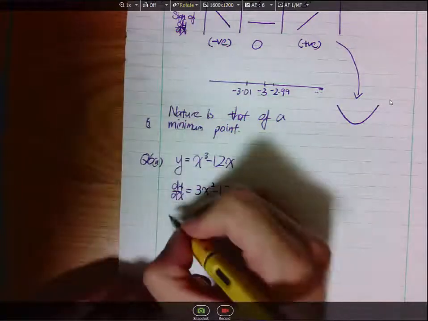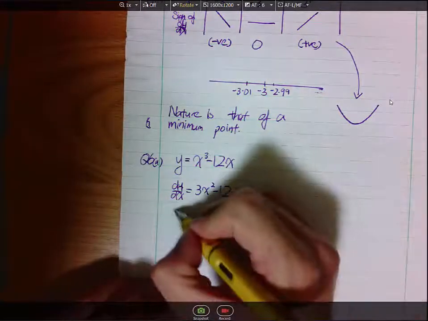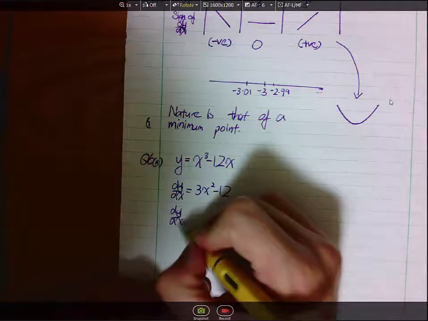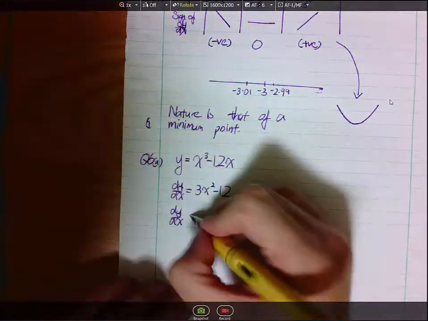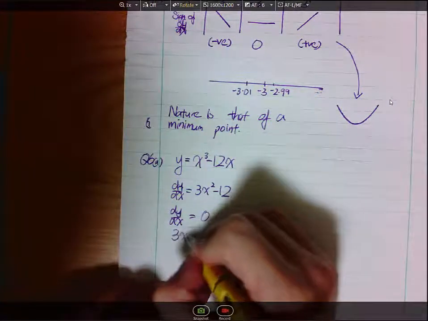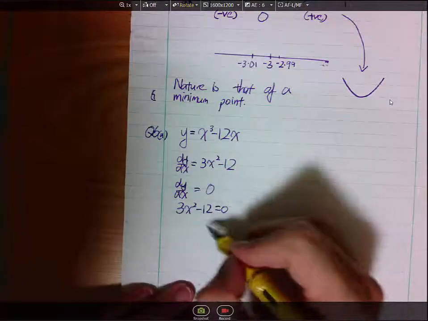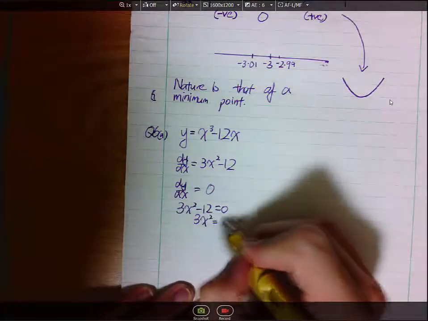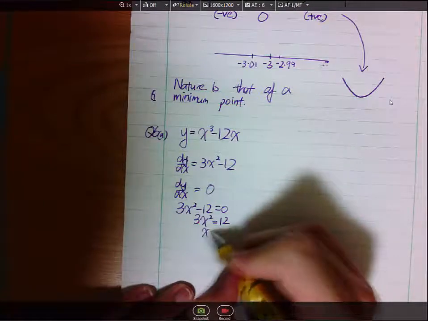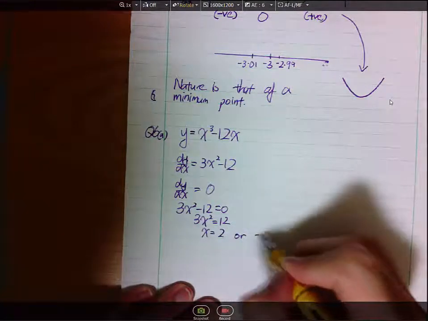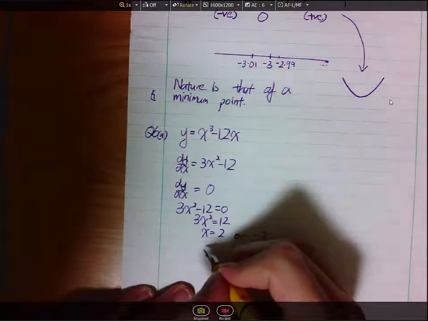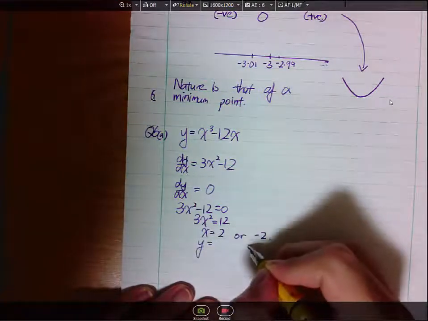I get 3x squared minus 12. Then to find the stationary points, I set dy dx equals to 0. 3x squared minus 12 equals 0. Quickly solving, 3x squared equals 12, so x equals 2 or negative 2. Then you sub back into your original equation to find the y values.